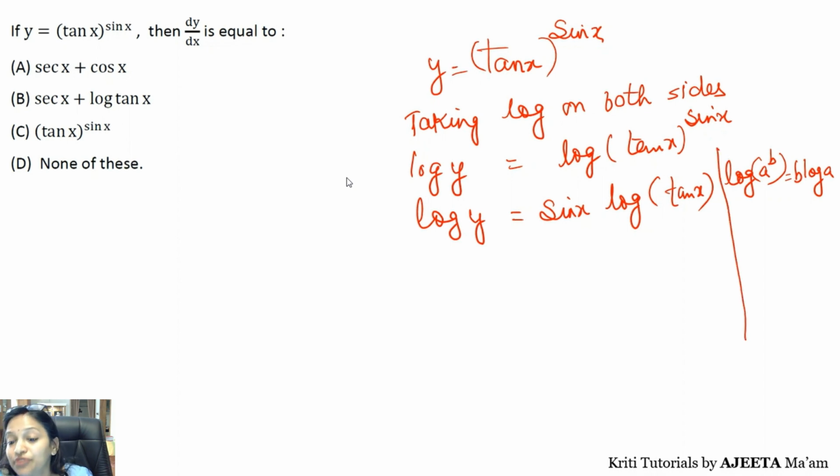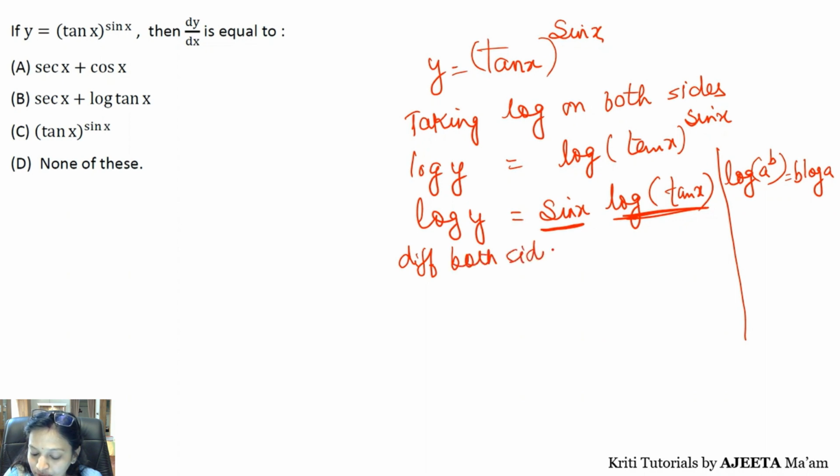On the left hand side we have a function of y, and on the right hand side we have a function of x, which can be solved using product rule, because we see two functions, sin x and log tan x. So we will apply product rule here. Which rule? Product rule. Now just tell me, if we have to differentiate one side y, one side x, what will we write? Differentiating both sides with respect to x.